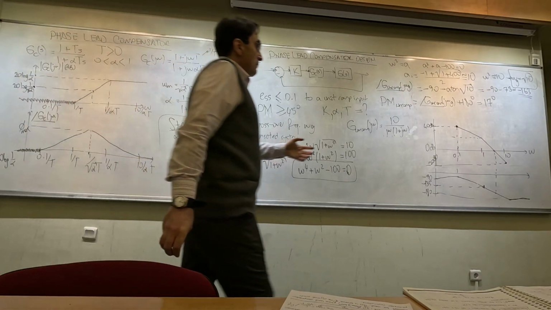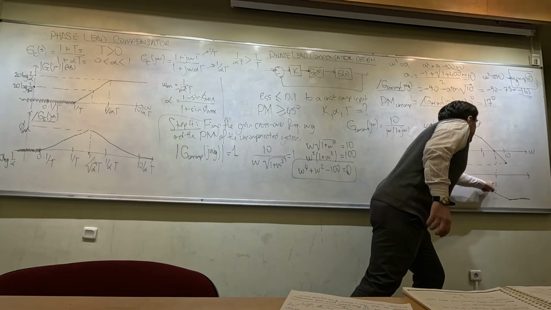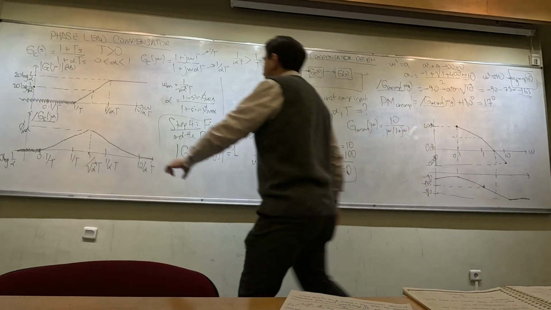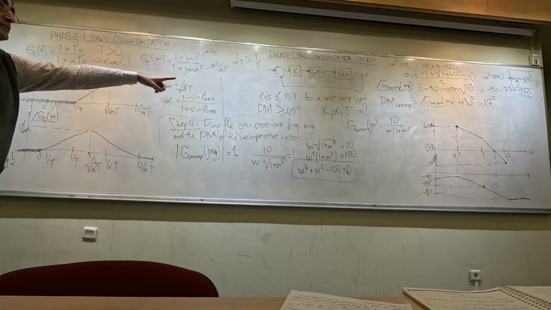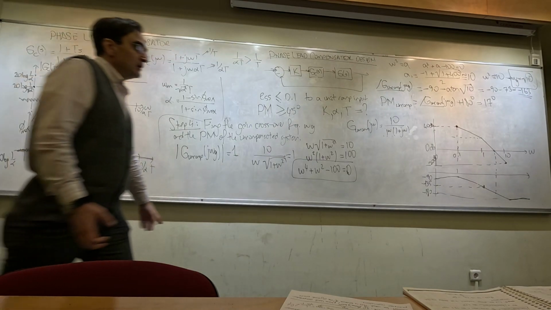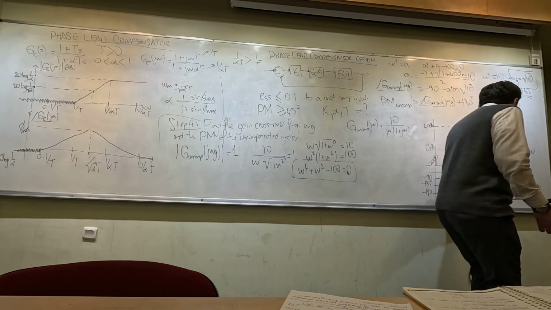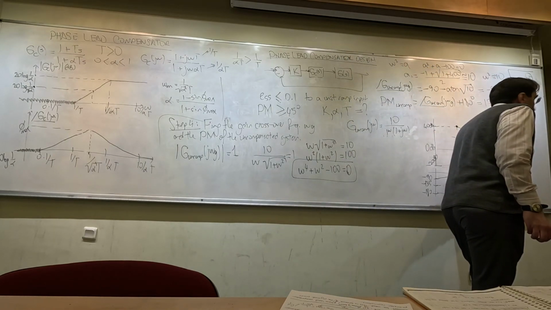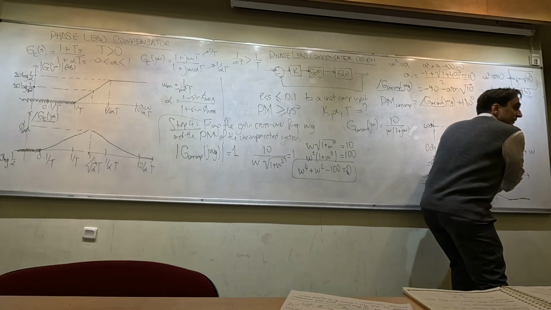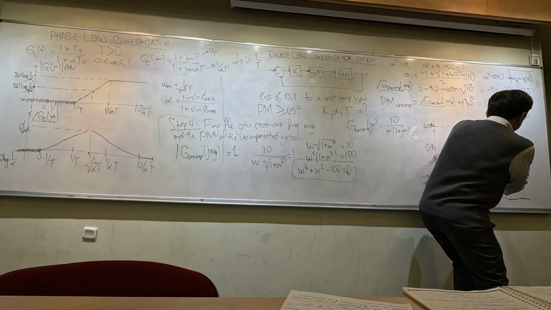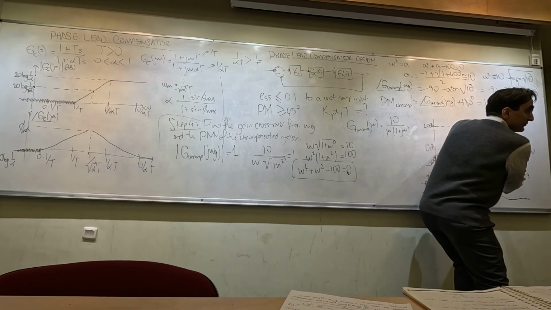Why is that? When I add this phi max there, if I choose 45 minus 17, the phase is going to come at the required value. But because of the magnitude, the magnitude is going to increase and this frequency is going to shift to the right.